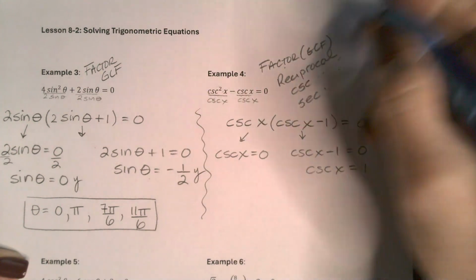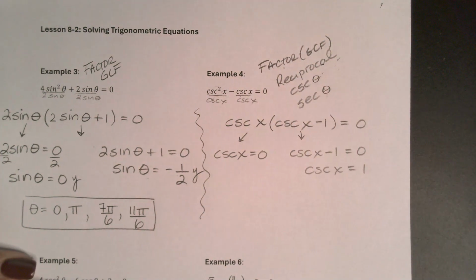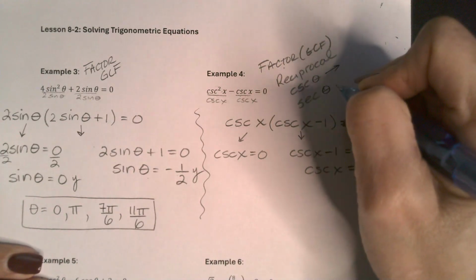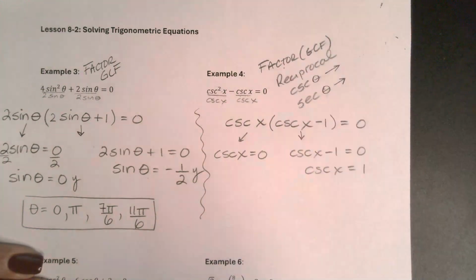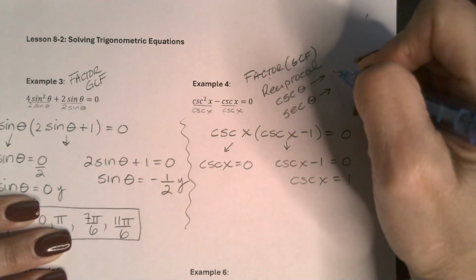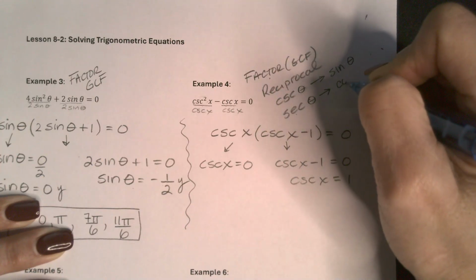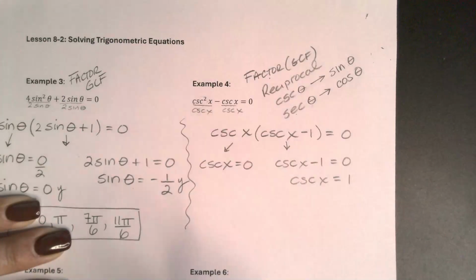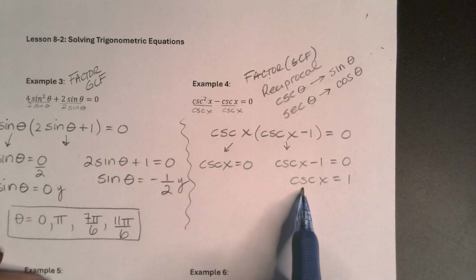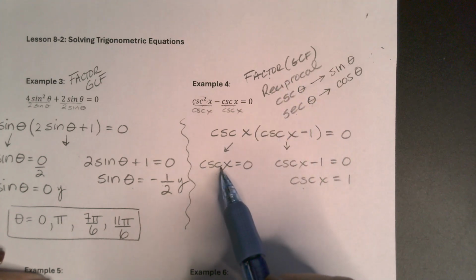If you have a problem that involves cosecant and secant where you had to solve for them, I want you to revert to the reciprocal it is lined up with. So for instance, cosecant theta is the reciprocal of sine theta, and secant is the reciprocal of cosine theta. And so what I want you to do is that when you get to this final position where you have it isolated, I need you to take the reciprocal of that trig function.